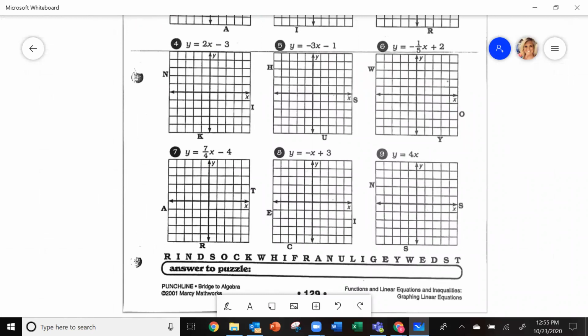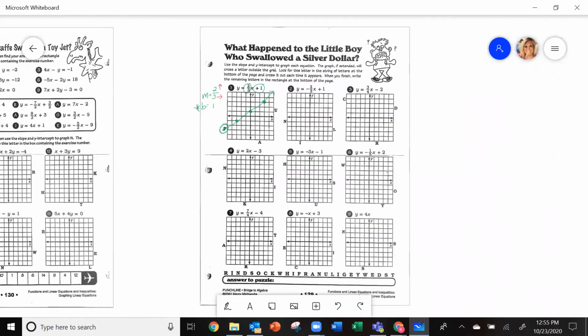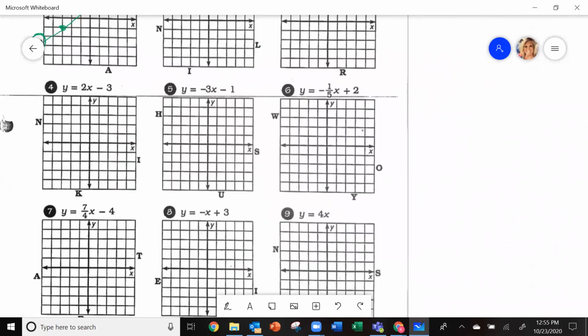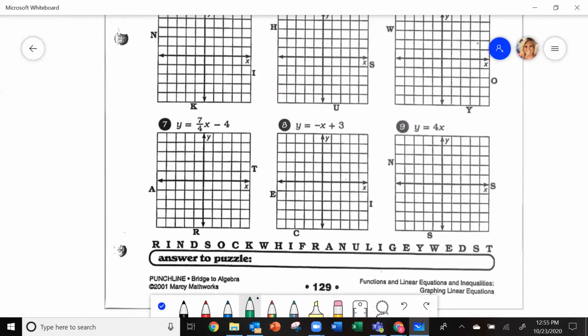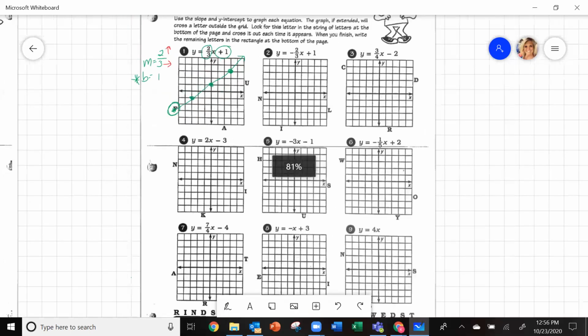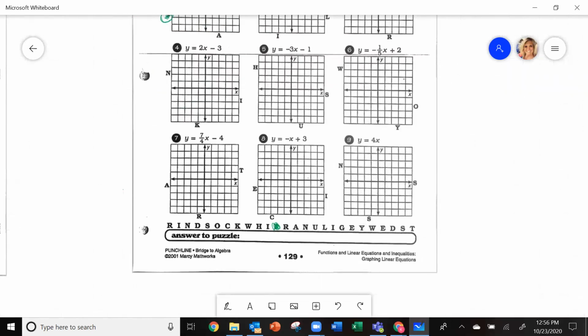I'm going to cross out the F. So anytime you come across a letter out of the 9 problems, you're going to cross out that letter that your line runs into. Then at the very bottom, it's going to give you the answer to the puzzle. That's how you do this one.